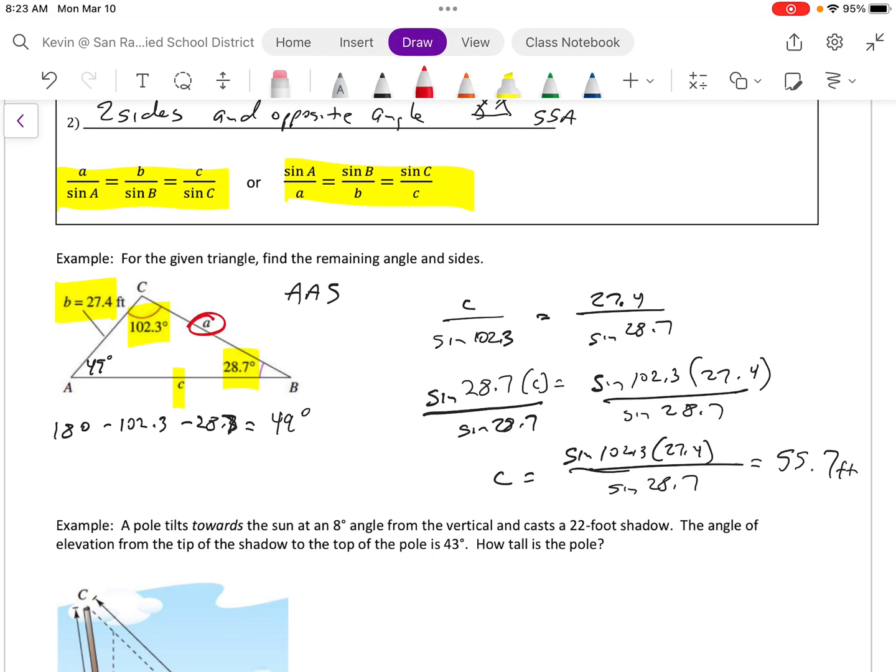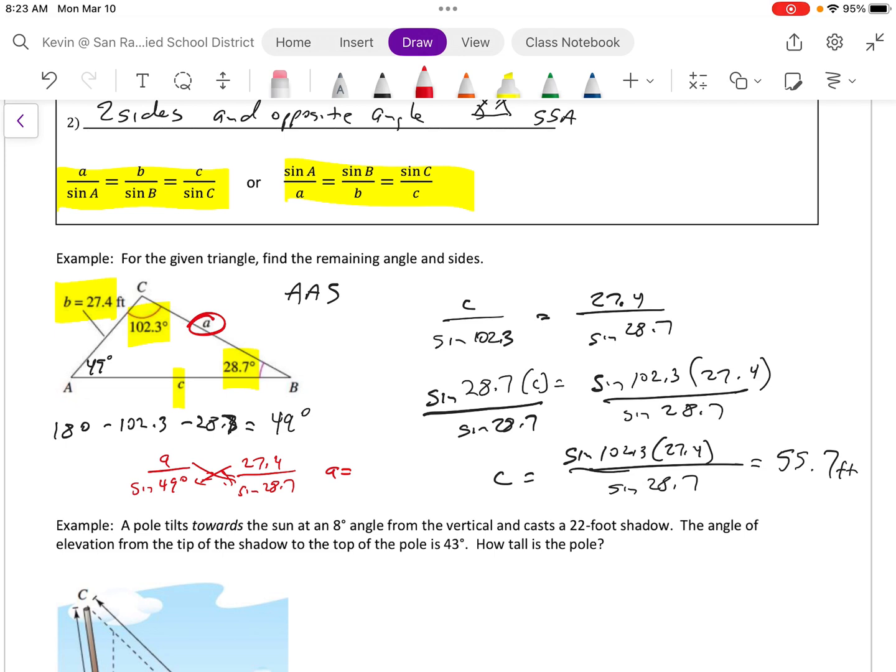Okay, so now the only thing we have to find is the length of A. So we can do our ratios again. We'll go A over the sine of 49 degrees equals, and we'll use the same one that we used before. We'll just go B, which was 27.4 over the sine of 28.7. Okay.